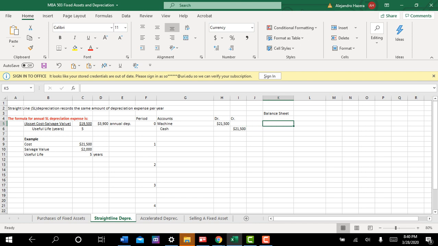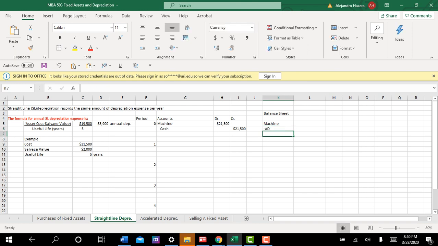Okay, now let's go over to the balance sheet. Here's how your balance sheet would look. In the long-term asset section of your balance sheet, you're going to have an account called machine. I'm not going to put up the T accounts like I did for accounts receivable. This is a little easier, I think. And then you're going to have minus accumulated depreciation against that machine.